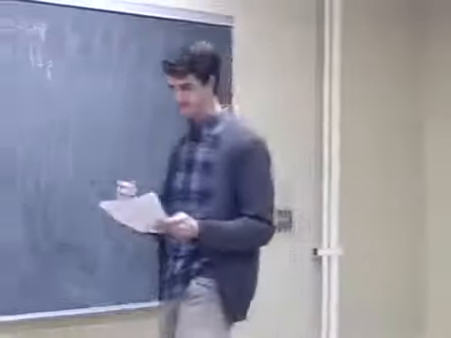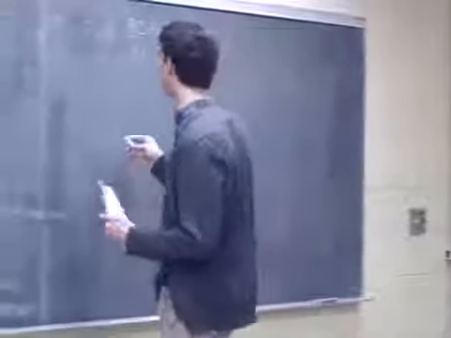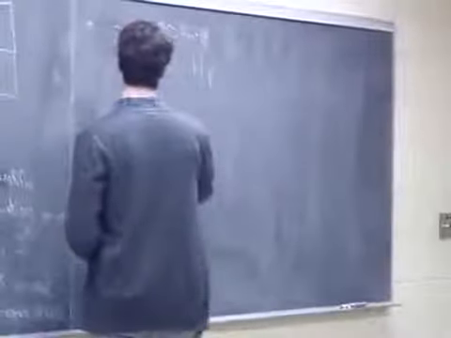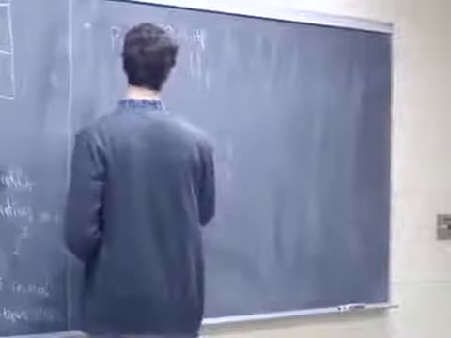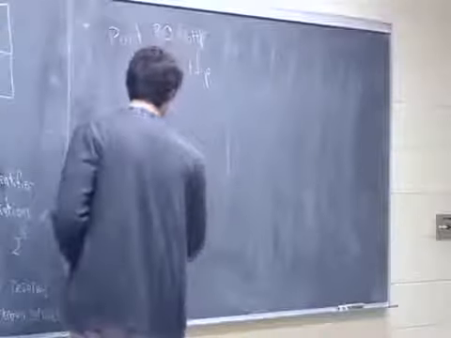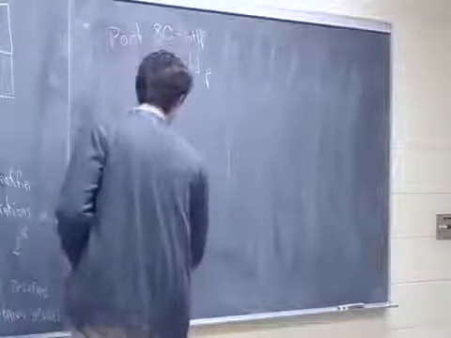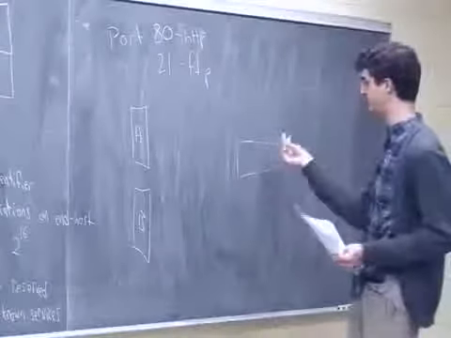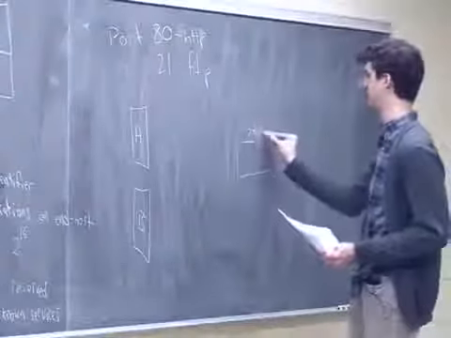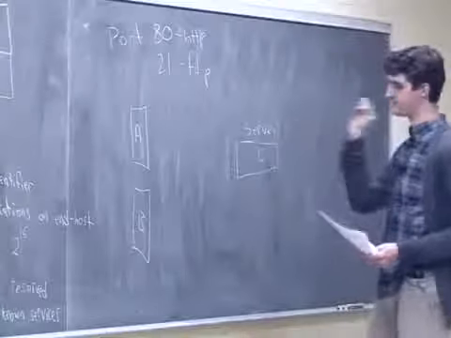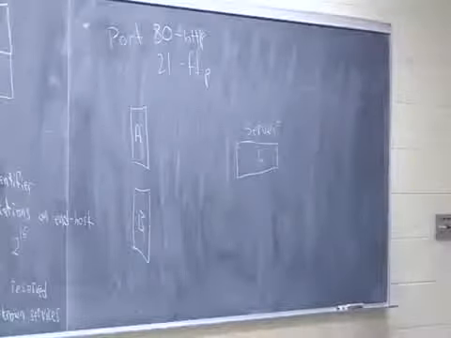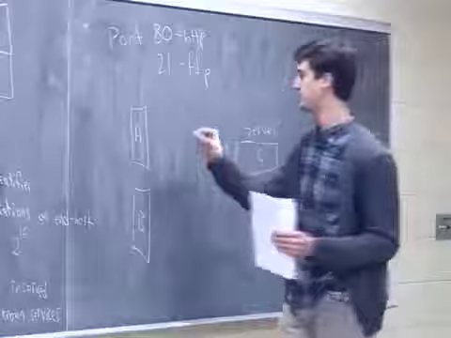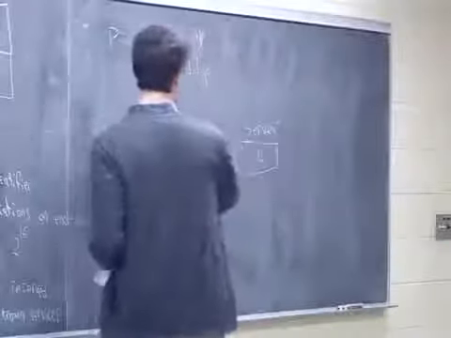So let's look at how this works in practice. So if we have a user here, let's just say user A, and we have user B, and then somewhere in a data center somewhere, we have a server. Let's just call this C. And A wants to request a web page from this server.